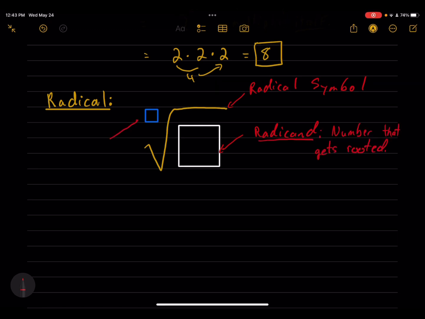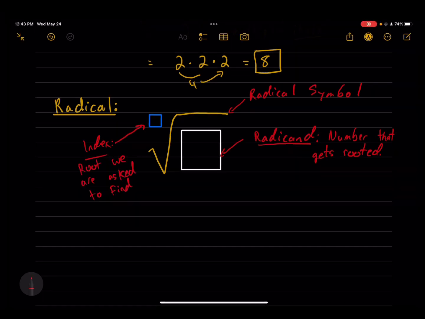The last blue box over here is something called the index. And what that represents is the root that we are asked to find of the radicand. And so the index will tell you whether I'm trying to find the square root of the number, the cube root of the number, the quintic root of the number.